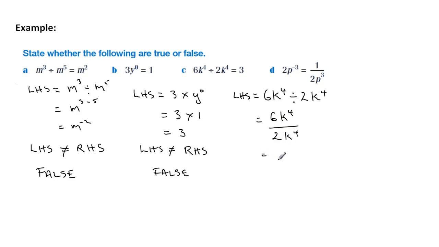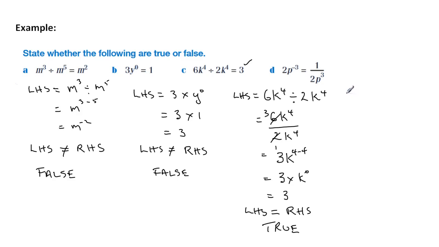We can cancel these out and we're left with a 3, and we can then apply our rules. That's 4 take away 4 in the index. That leaves us with 3 times k to the 0, which is equal to 3. And if we check it here, we can see that the left-hand side does equal the right-hand side. So here the expression up here is true.